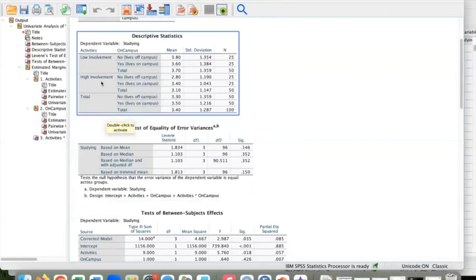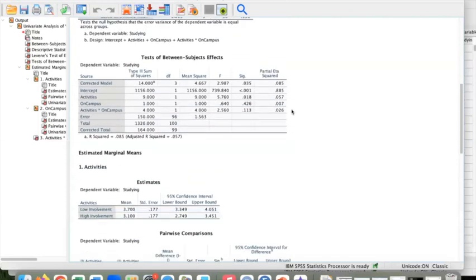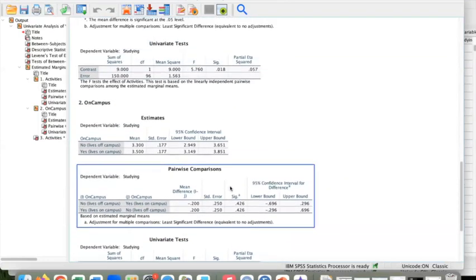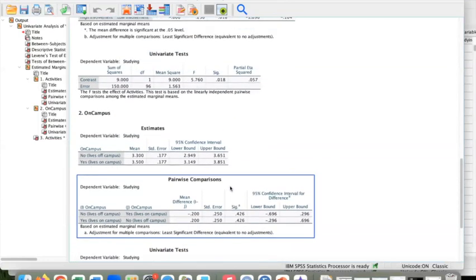For everyone who was highly involved, their total number of hours was 3.1 with a standard deviation of 1.15. So we see that those who had low involvement studied for significantly more hours than those who were highly involved in campus activities.